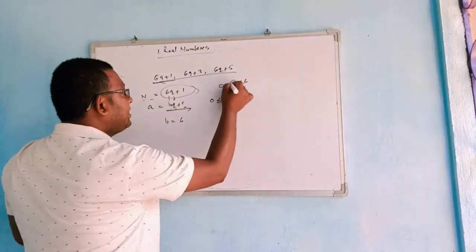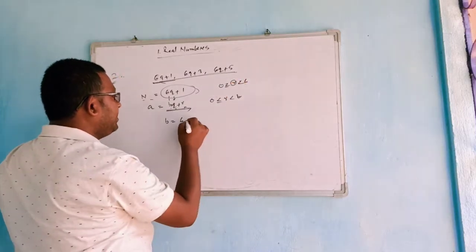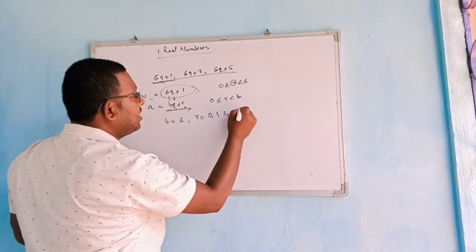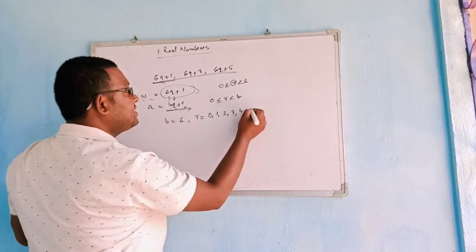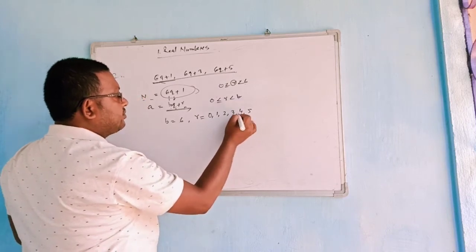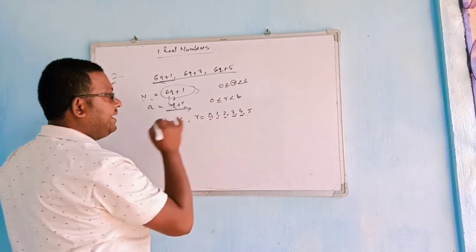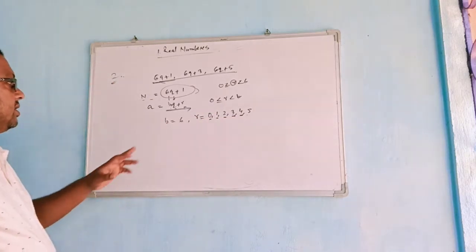Since b is 6, the remainder r may be 0, 1, 2, 3, 4, 5, because 5 is less than 6, and 4, 3, 2, 1 and 0 are also less than 6. Let us try.